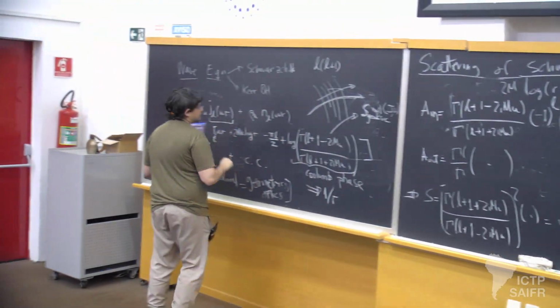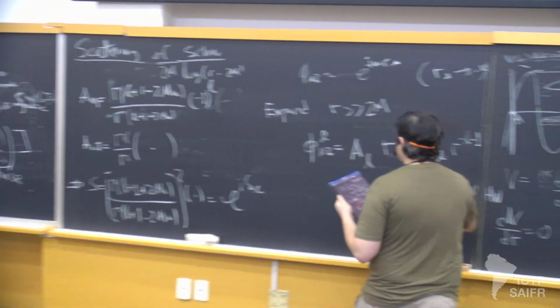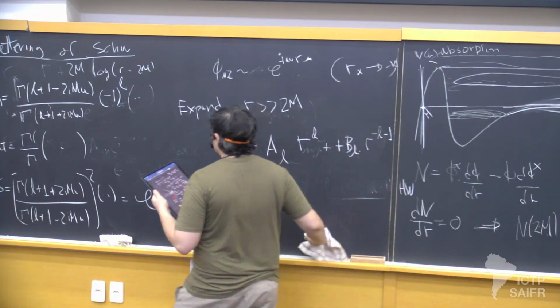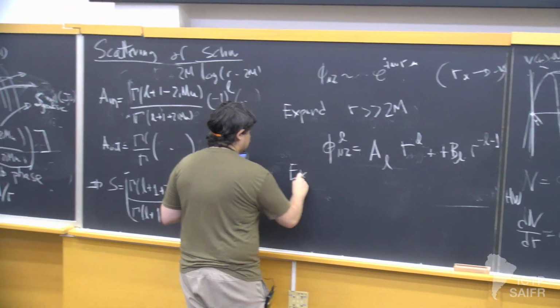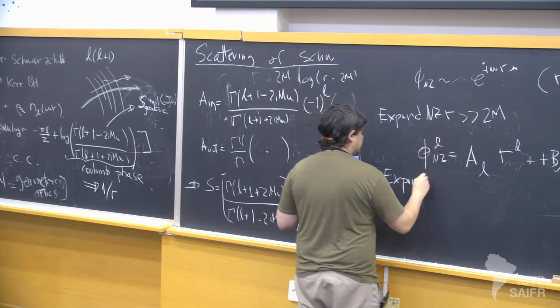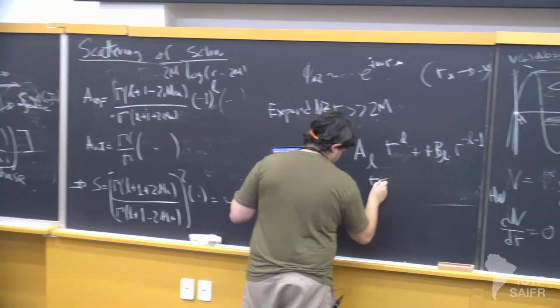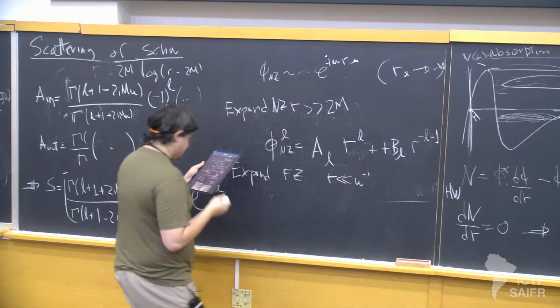Right? So now I take the far zone, and I just expand it. So expand the near zone for that, and expand the far zone for r less than omega minus 1.